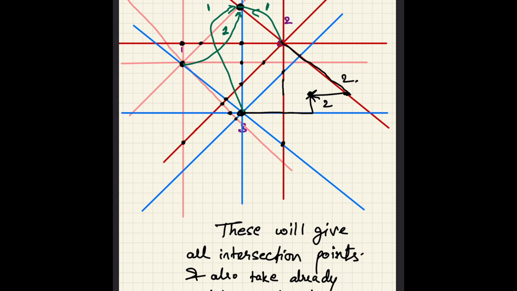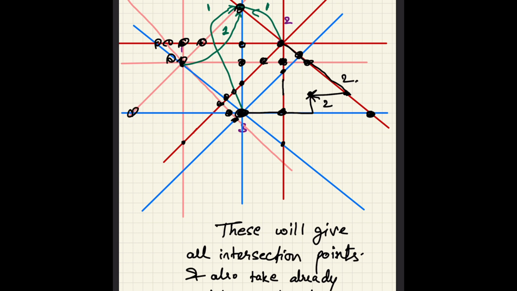So it would be good to consider those points also. So x is equal to constant and y is equal to constant. If we iterate over all the points, then we will definitely take these points into account. So these are the intersection points.